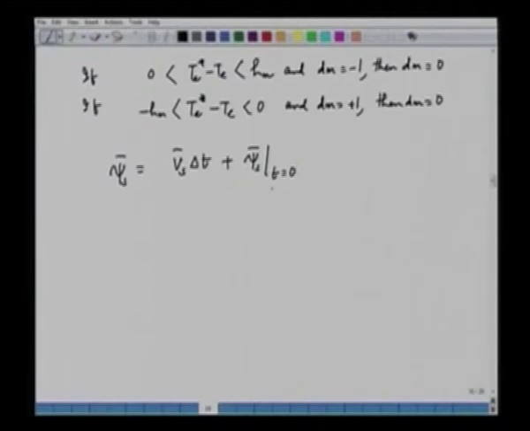Now suppose we don't want to increase the angle, and which angle? The angle between the stator flux and the rotor flux, psi r, and this angle is gamma SR. If you want to increase the torque, increase gamma SR. If you want to decrease the torque, decrease gamma SR, because we know that the torque expression is given as k psi s psi r into sine of the angle between psi s and psi r.